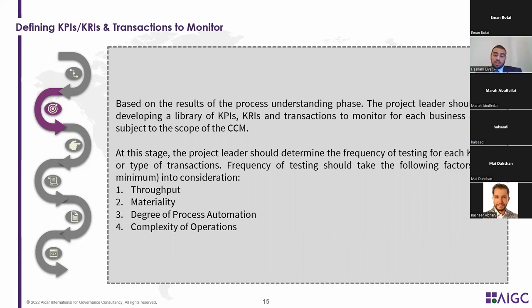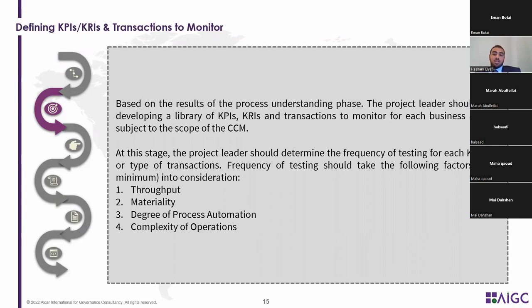To determine the frequency of the test, we need to take into consideration the throughput: the number of transactions being processed, the value and materiality of the transactions, and the degree of automation currently in place. If every transaction is processed on the system and the system is built with certain parameters, then maybe the frequency of the test can be less than for a manual process or a process that involves dealing with external parties.